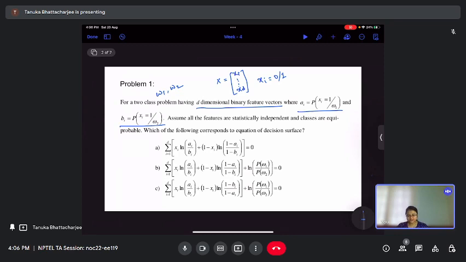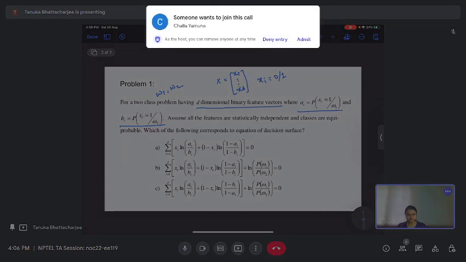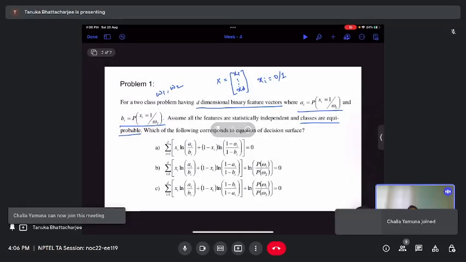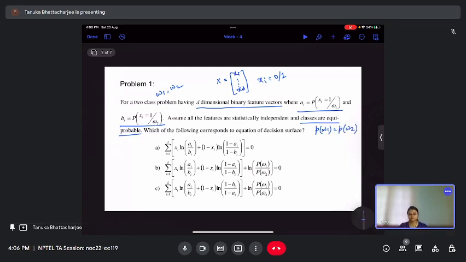Now it is said to assume all the features are statistically independent and the classes are equiprobable. That means the prior probabilities are equal, that is p of omega 1 equals p of omega 2. Then we have to say which of the following corresponds to the equation of the decision surface.